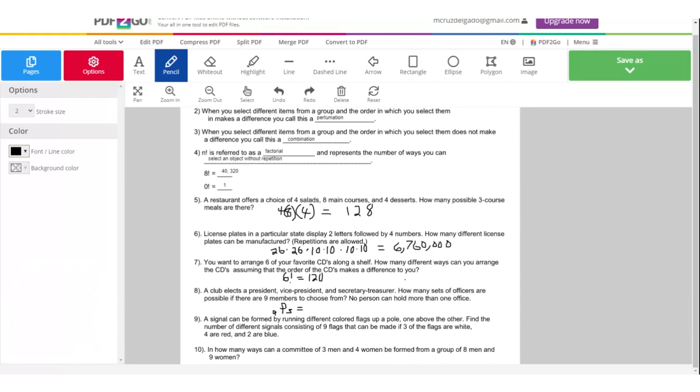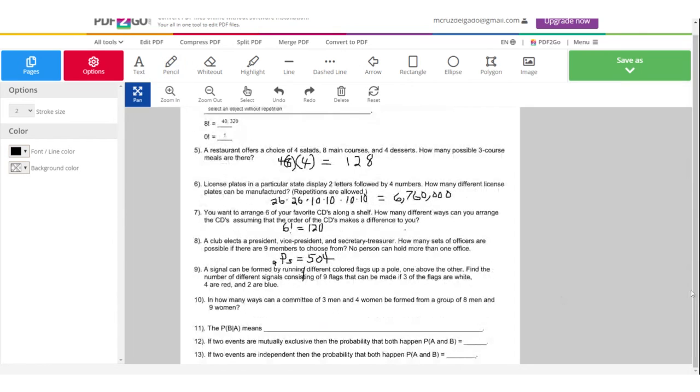And you have that thing on your calculator for Alex. So this one right here, it's the one with repetitions. So we got 9 flags.